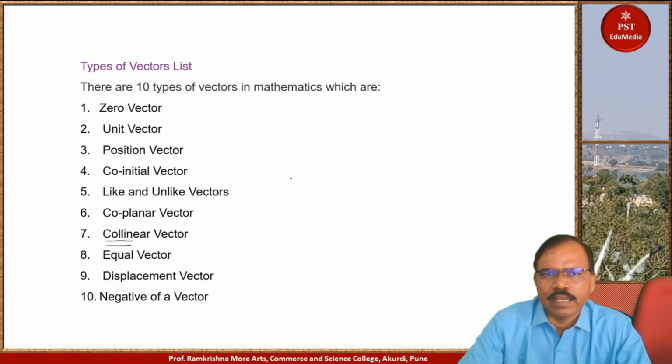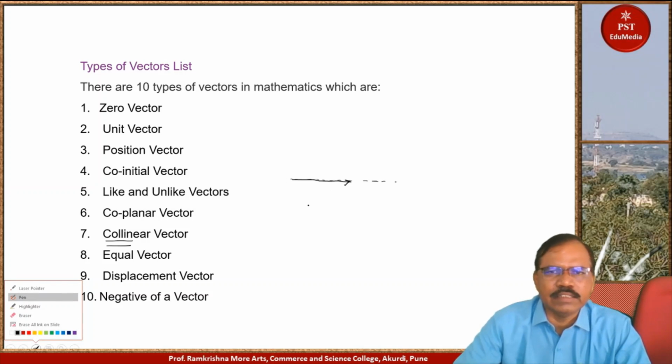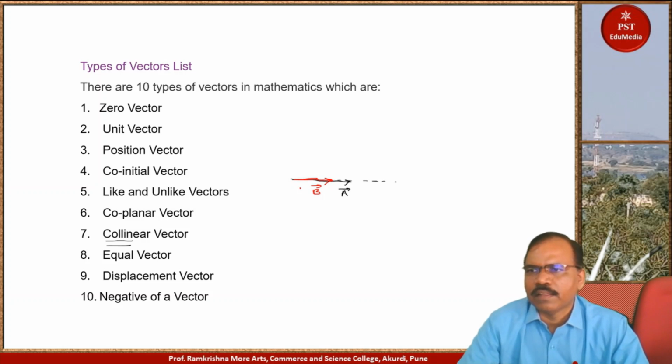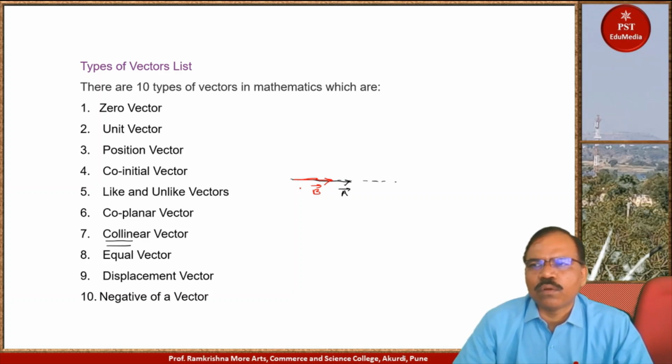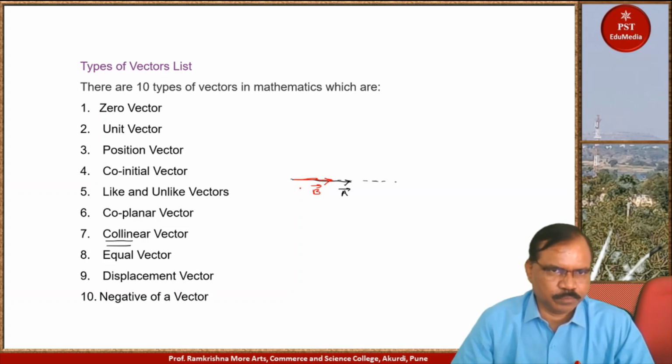So suppose we have a line here, and suppose here we have first vector, vector A, and suppose we have another vector, this is vector B. They lie along the same line. So these vectors are called collinear vectors.